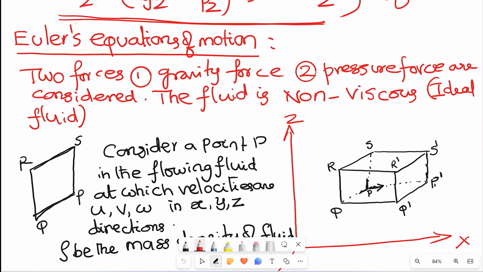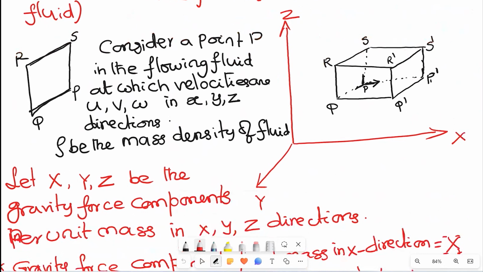Now what do I have to take? When I am deriving the equation in three-dimensional Cartesian coordinates, I have taken a three-dimensional element in the fluid body. This element's sizes are, for example, delta x in the x direction, delta y in the y direction, and delta z in the z direction.